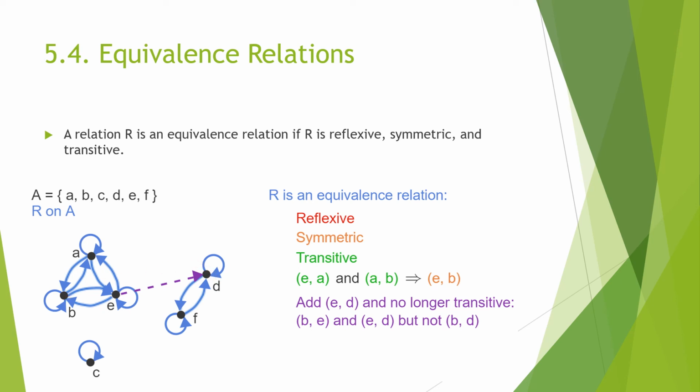So by drawing that purple arrow, we can find a counterexample for transitivity. But if there's no purple arrow here, then this relation is transitive, and since it was symmetric and reflexive, we can say R is an equivalence relation.